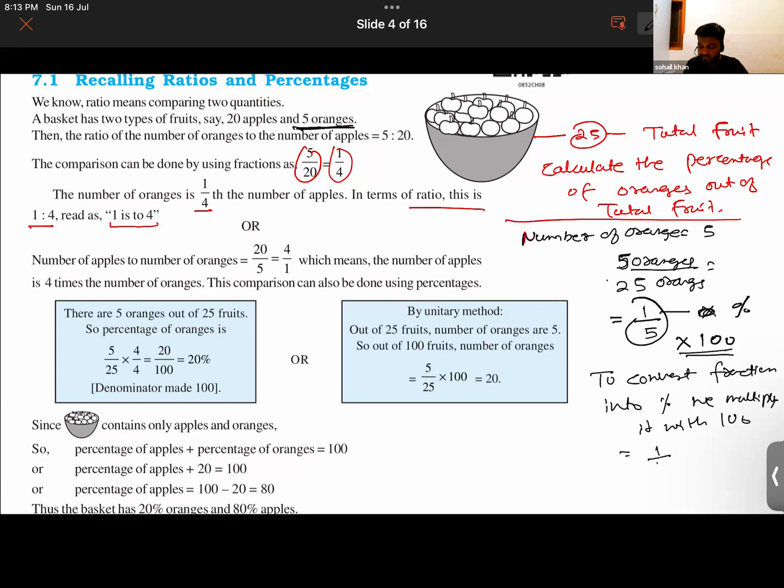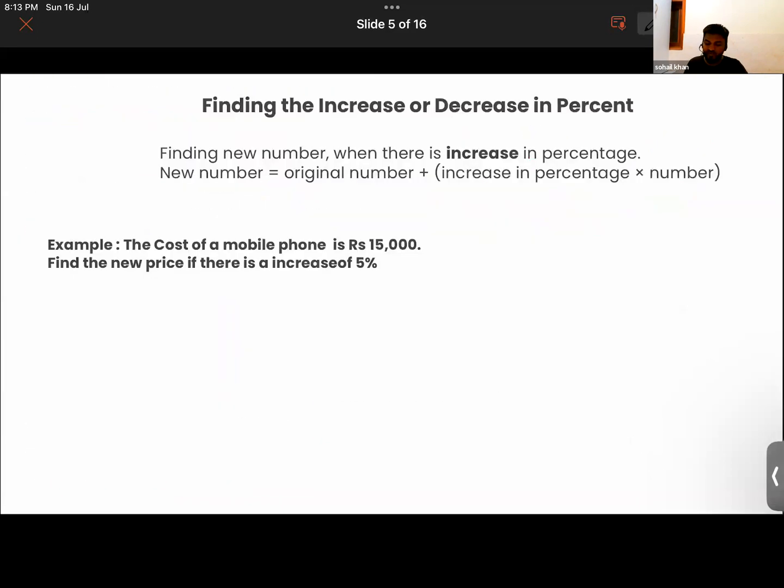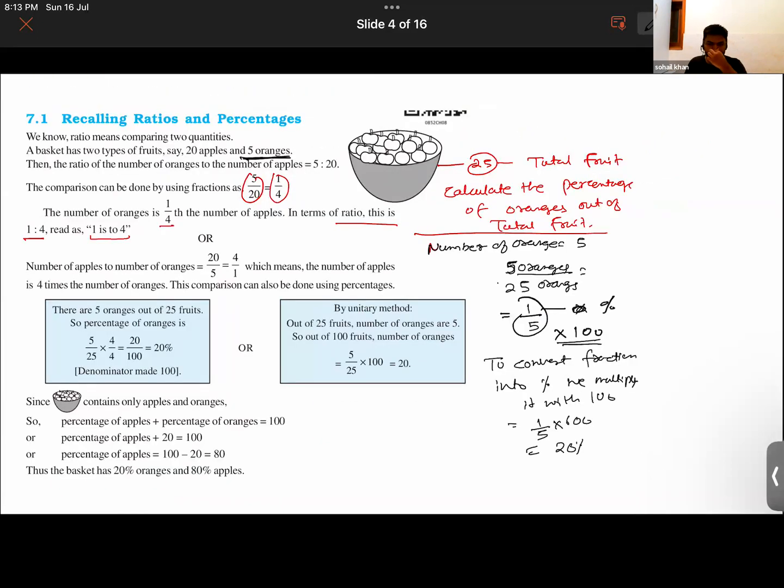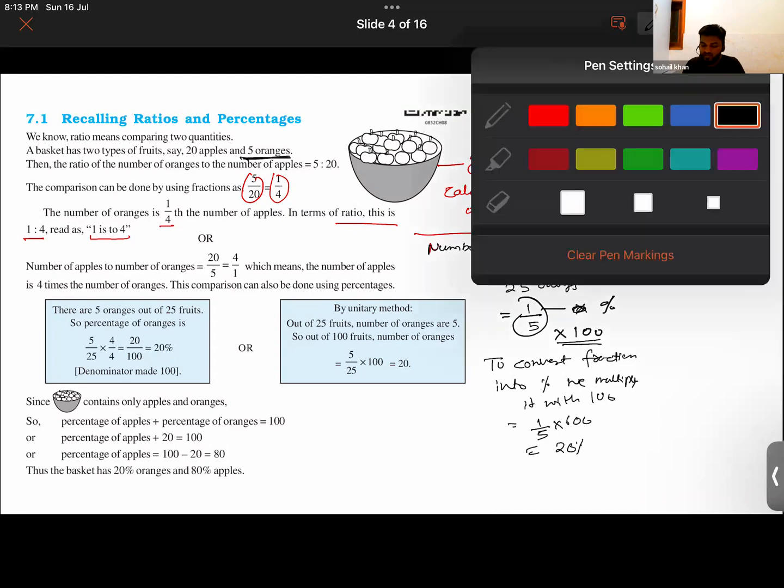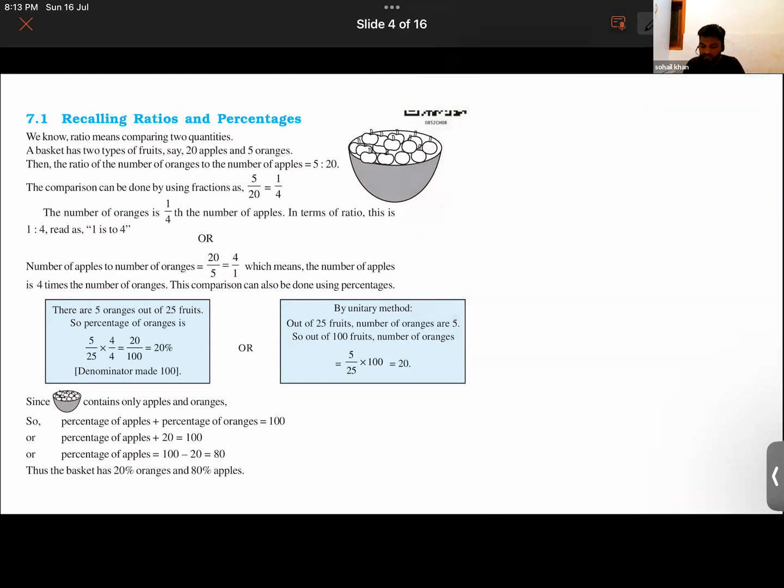So it is 1 upon 5 multiplied by 100. That's 20%. Right, guys? Now, let's solve a few more simple questions. Now, if we were to find percentages out of different quantities, suppose you are provided.